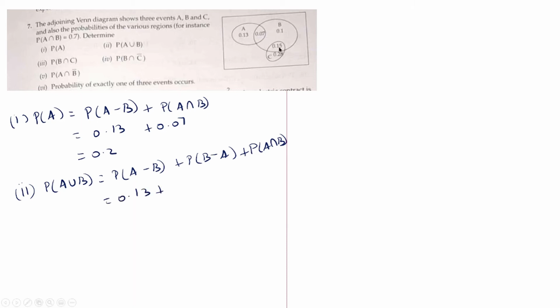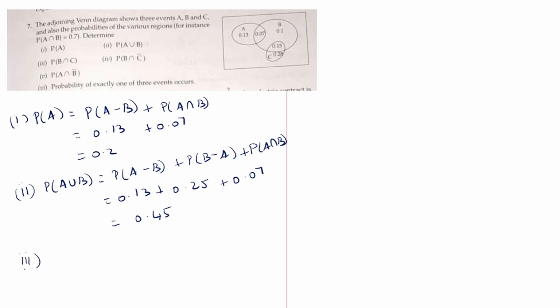Then probability of B minus A is 0.1 plus 0.15, so it is 0.25. Then probability of A intersection B is 0.07. So when we add all these, we get 0.45. So probability of A union B equal to 0.45.